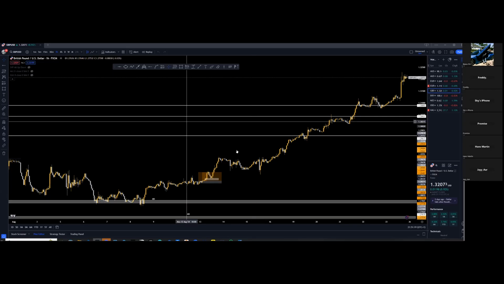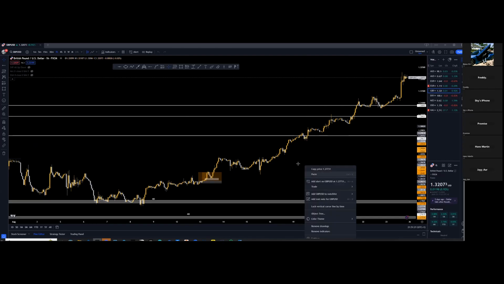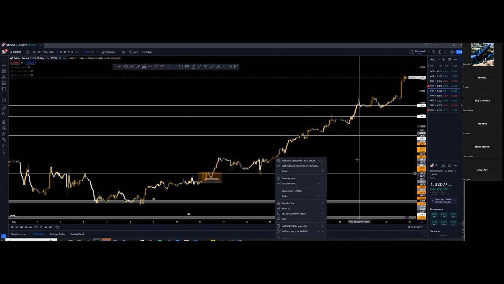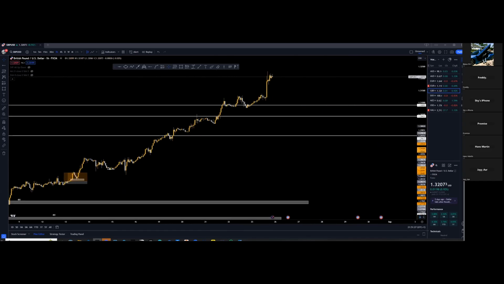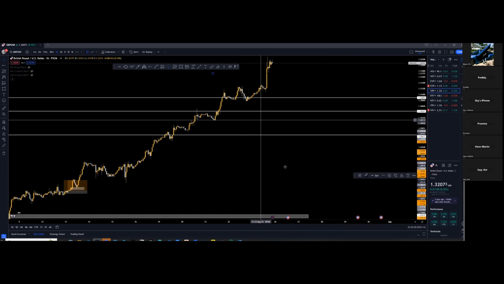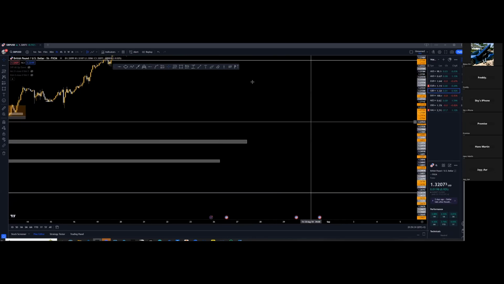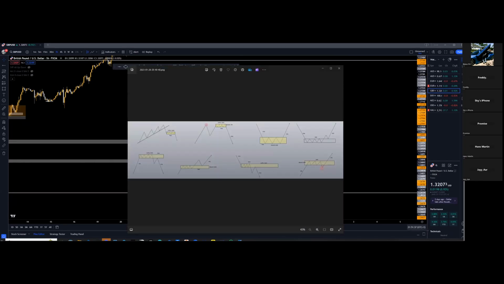The next thing is inside bars. This thing is not letting me load this chart. We're looking at inside bar patterns. Inside bar patterns, I should have a picture.